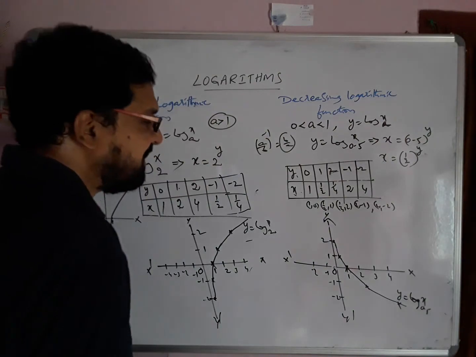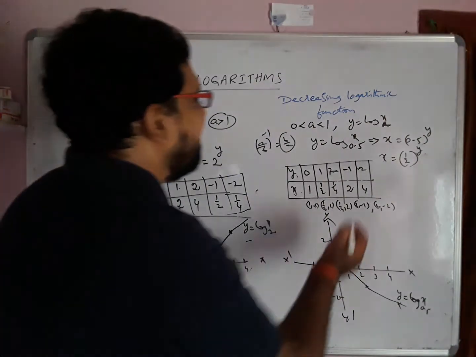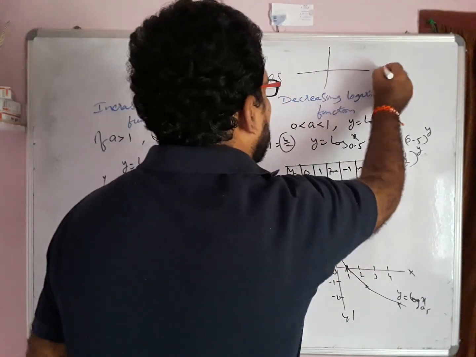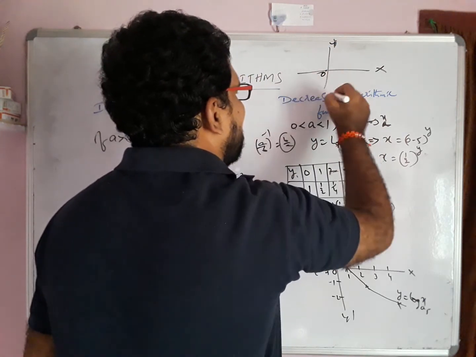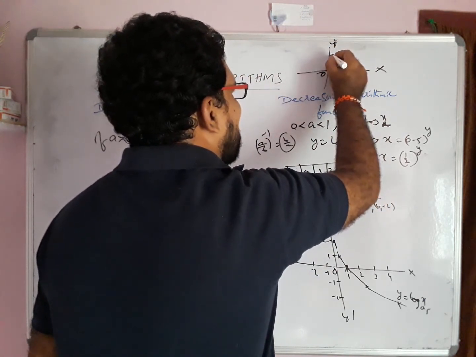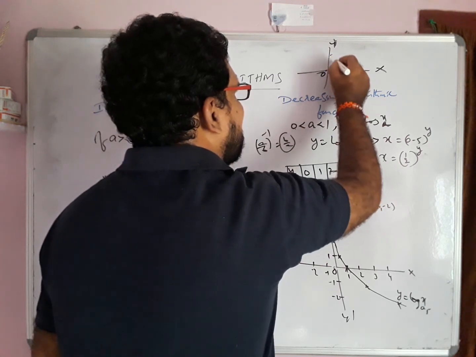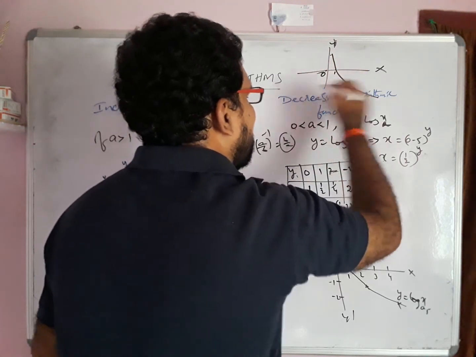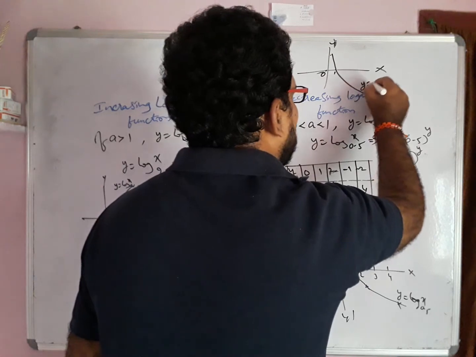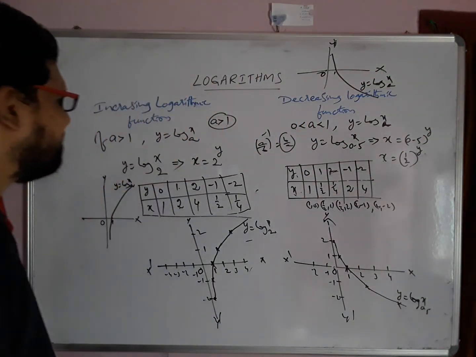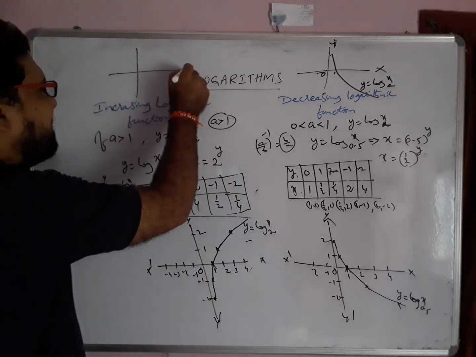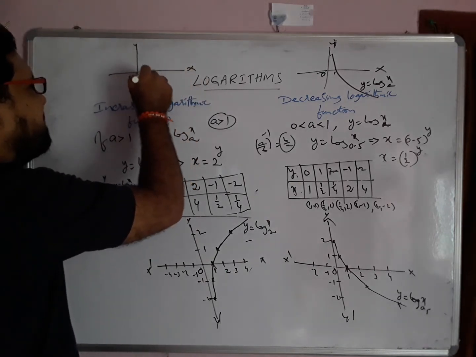So when you think about the horizontal x-axis and y-axis, this is the origin. Now the decreasing logarithmic function becomes like this. This is y is equal to log x to the base a, where this is the x-axis, y-axis, this is the origin, this is 1.